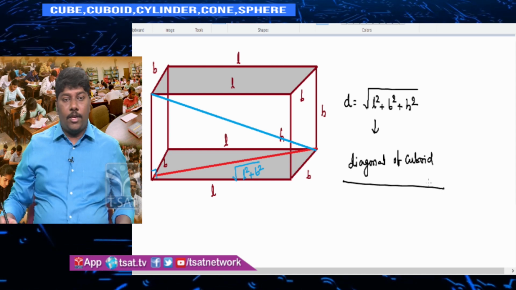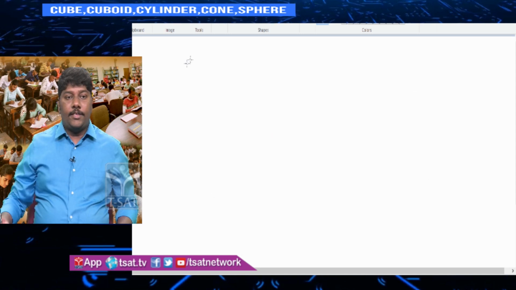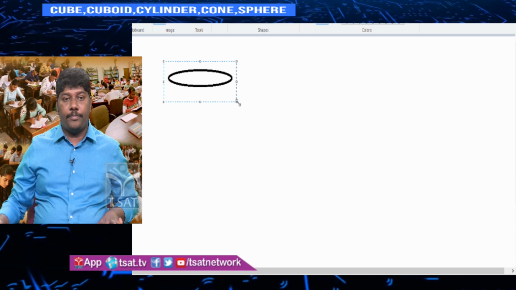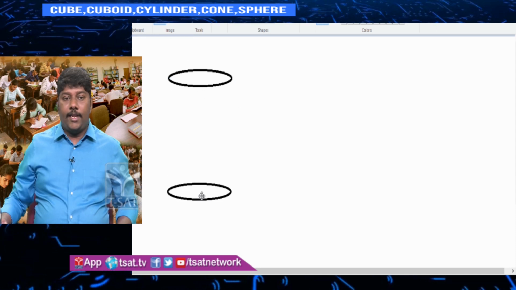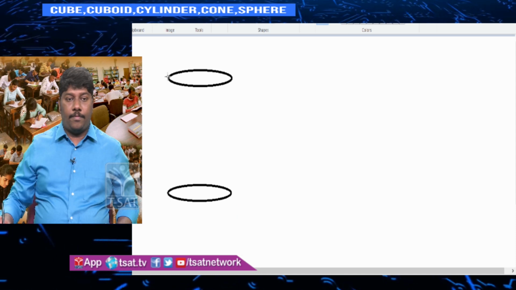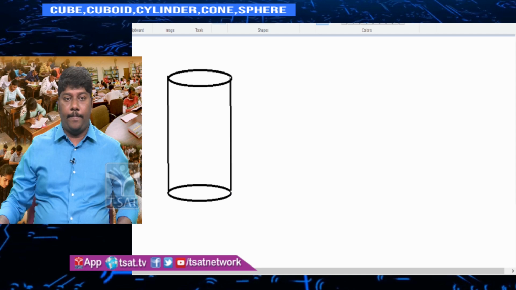Right. Now, we look at how a cylinder looks. Cylinder is a circular prism. So, you can apply the formulas of the prism to this cylinder.